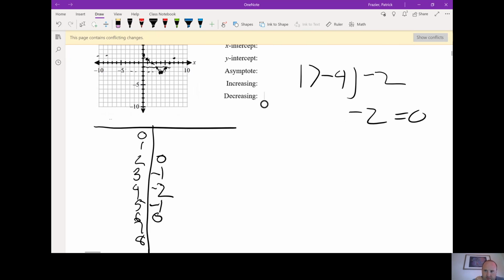Absolute value of positive 3 is 3. 3 minus 2 equals 1. And then 8. 8 minus 4 is 4. 4 minus 2 equals 2.